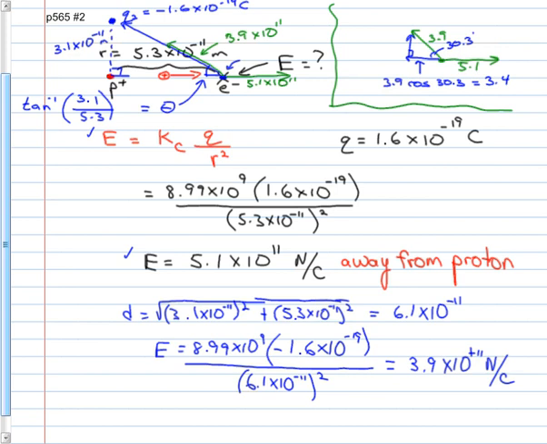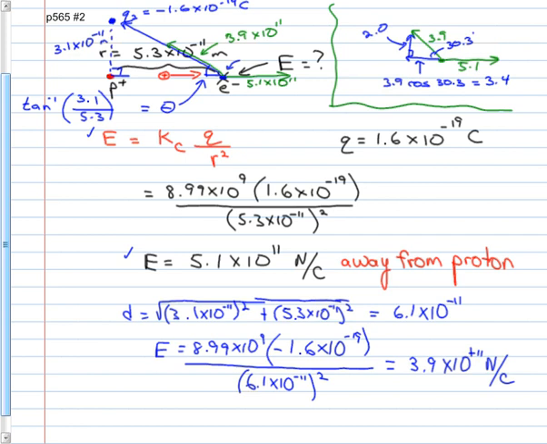Now I know it's times 10 to the 11th. I also need to get this component. I'll use the sine. 3.9 times the sine of 30.3. How much? 2.0. All right, 2.0.